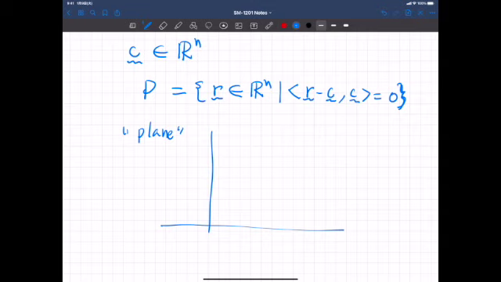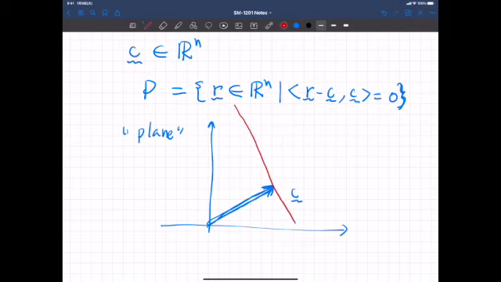In 2 dimensions, this would mean, let's say this is point C, for example. And this set P corresponds to the line that contains C and is perpendicular to this vector. Perpendicular means something like this.